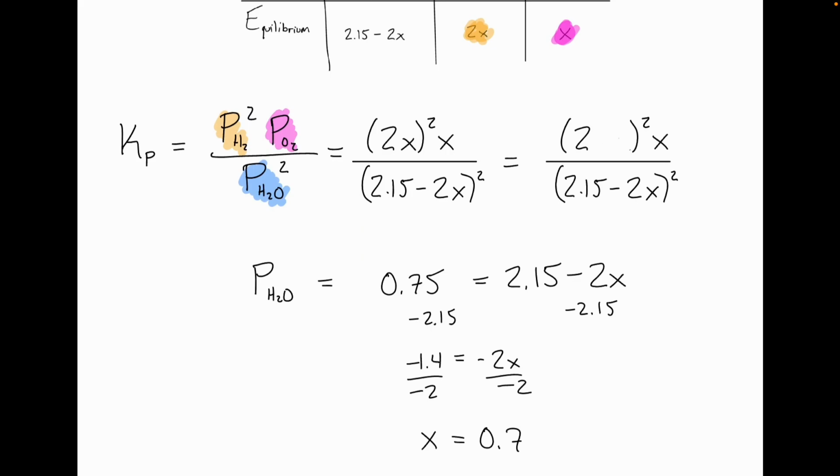All right, so 2 times 0.7, square that, times 0.7, divided by 2.15 minus 2 times 0.7 squared.